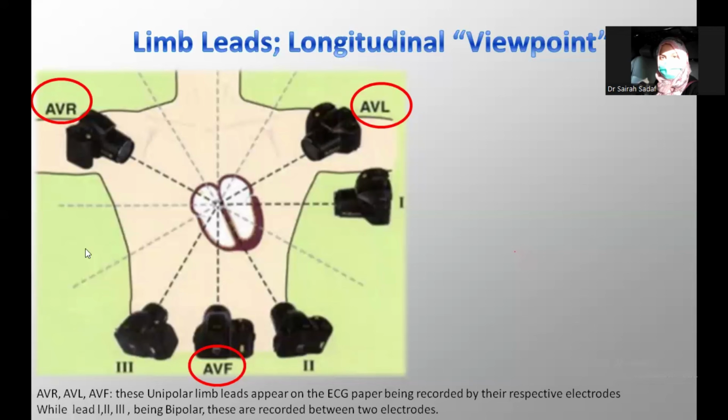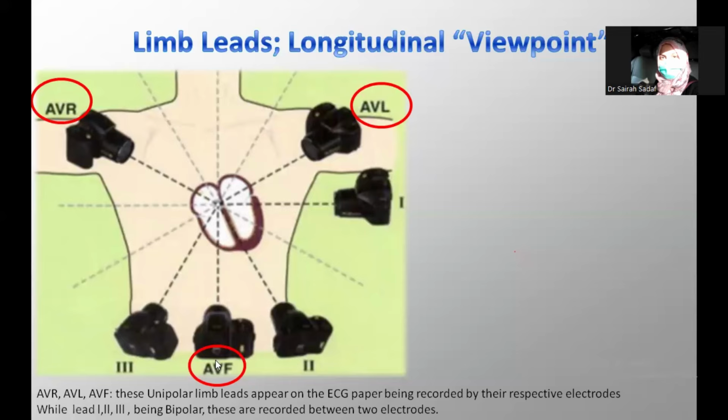So AVR is recorded by the electrode placed on the right side, so it is looking at the electrical activity of the heart from the right side. AVL is recorded by the electrode placed on the left side. AVL, L for left, R for right.